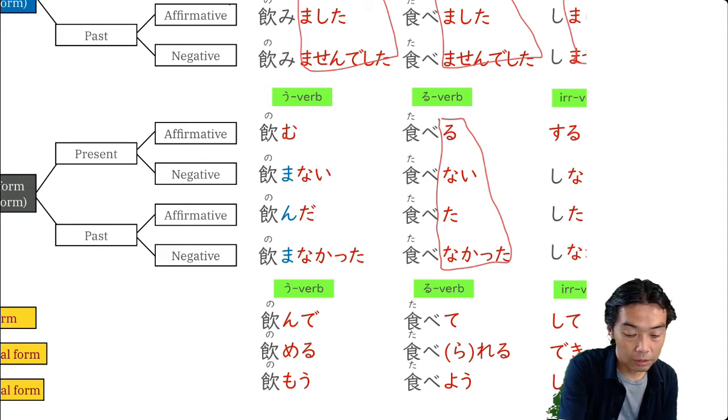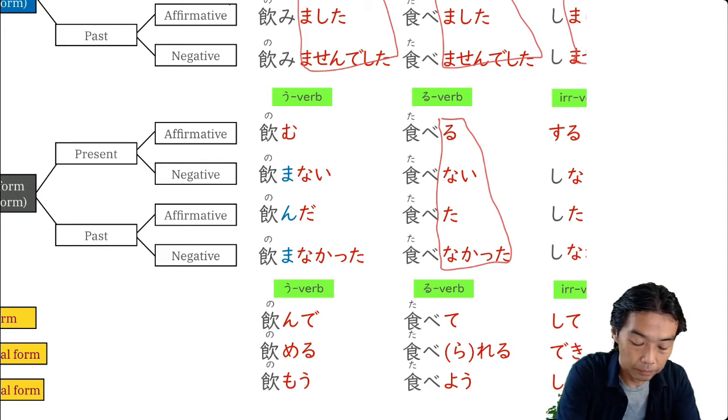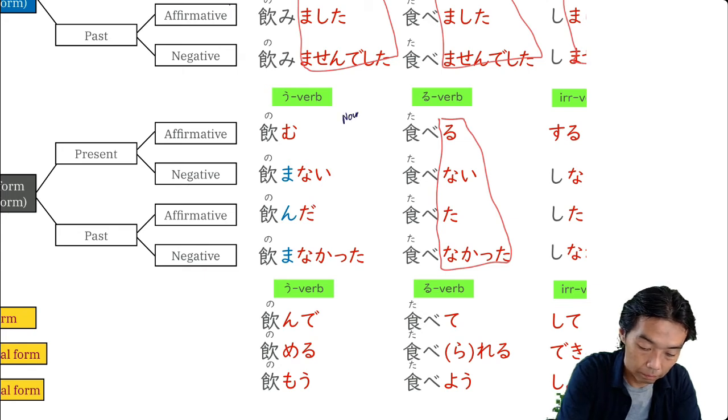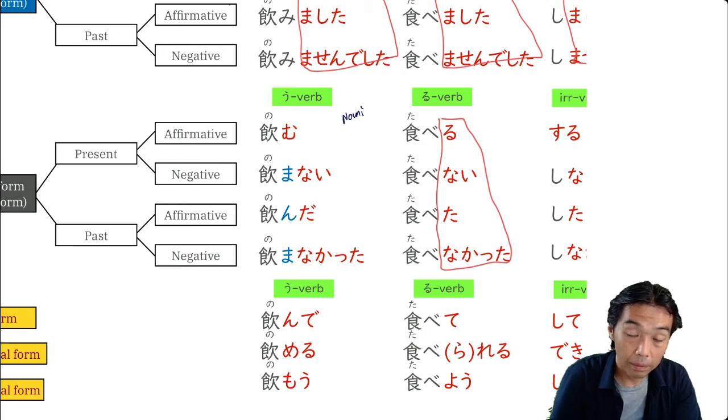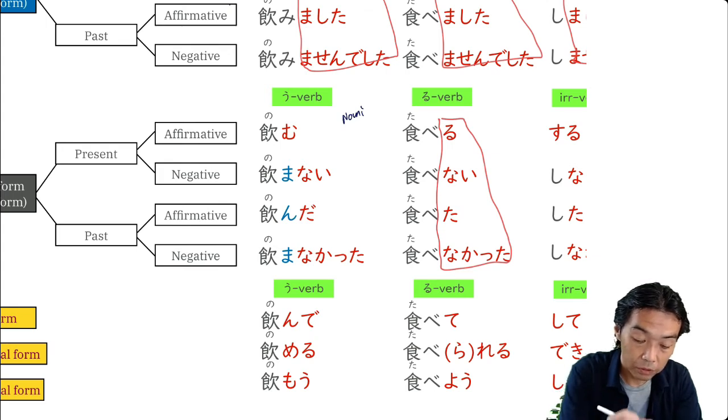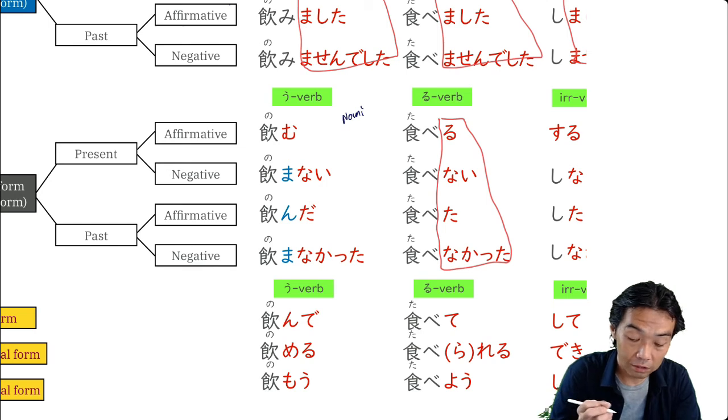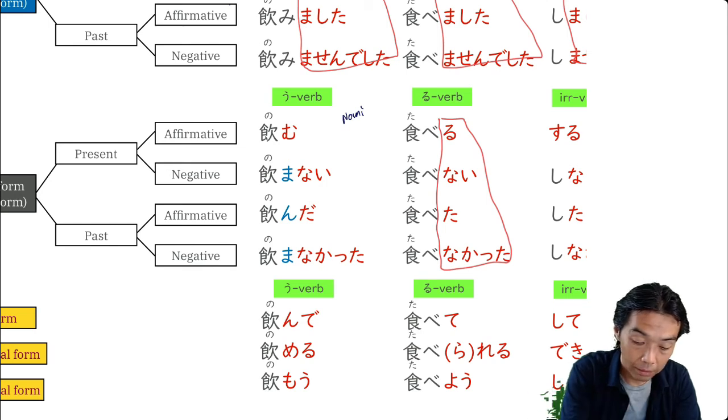This is nomi. The stem changes in plain form with u verbs, but how it changes is actually very systematic.